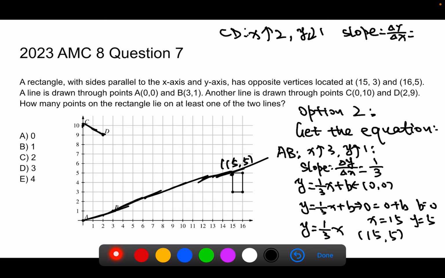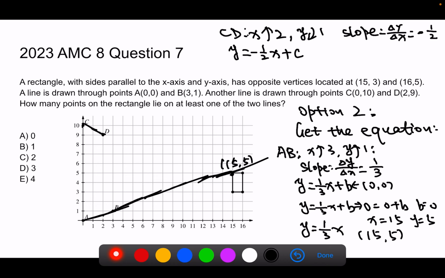In this case, the slope is negative because you increase x by 2, y decreases by 1. So this is negative 1 over 2. Very similar methodology: y will be equal to negative 1 over 2 x plus something. Let's call it c this time. You can just use b if you want as well.